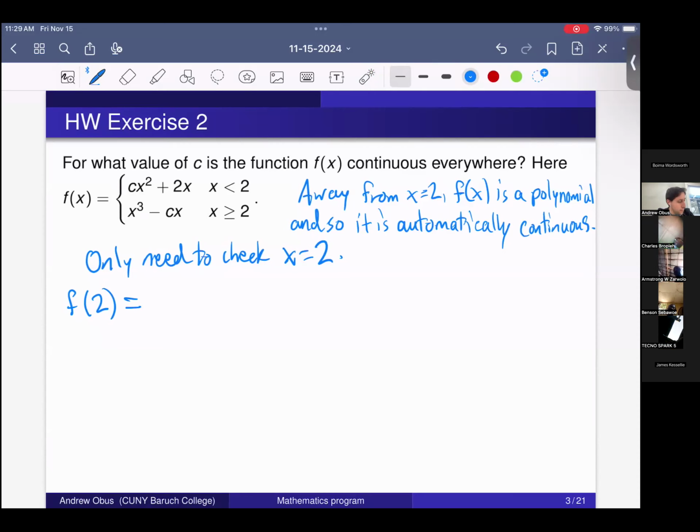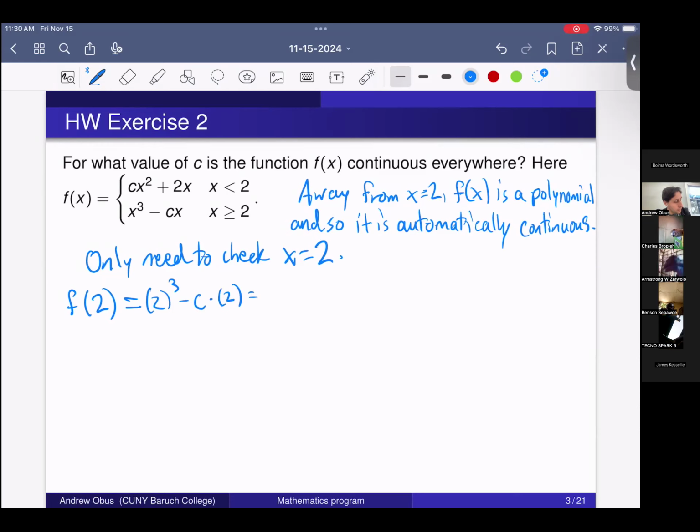Yes. So then we can just go ahead and say x cubed minus cx for x greater than or equal to 2. So in place of x, you put 2 there, and then you cube it, and then you have cx, which will be 2c.